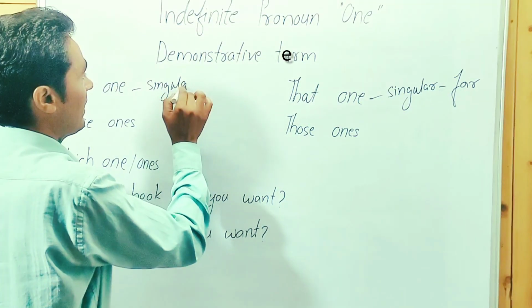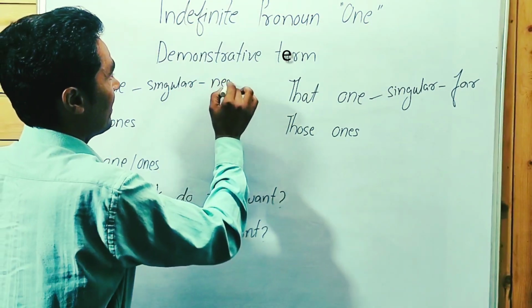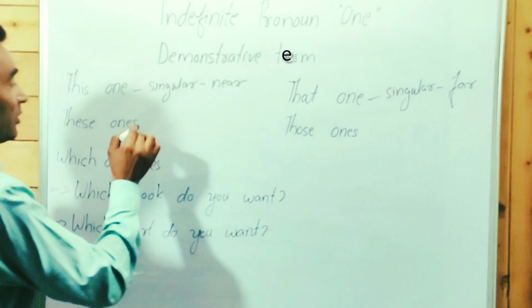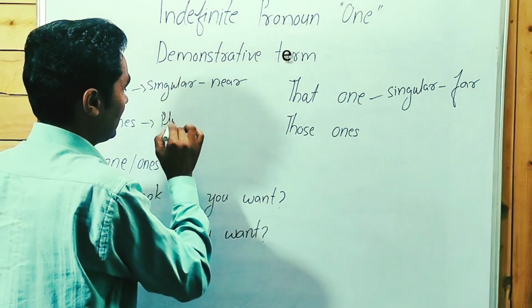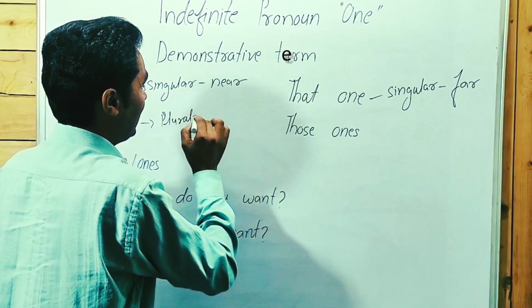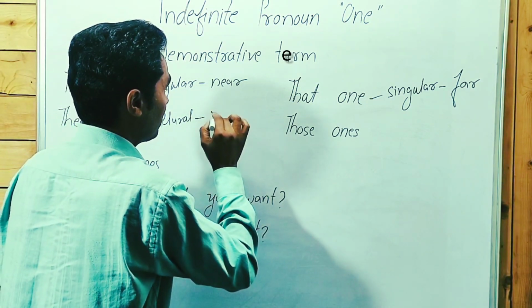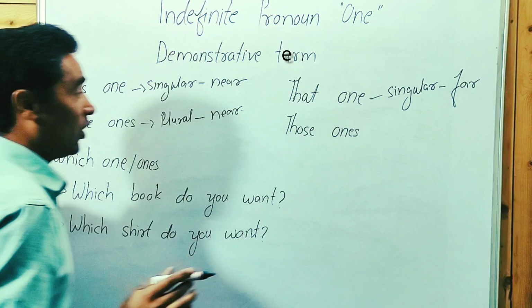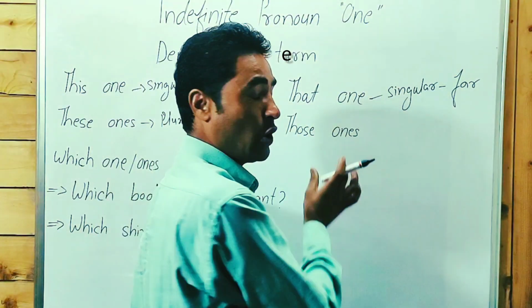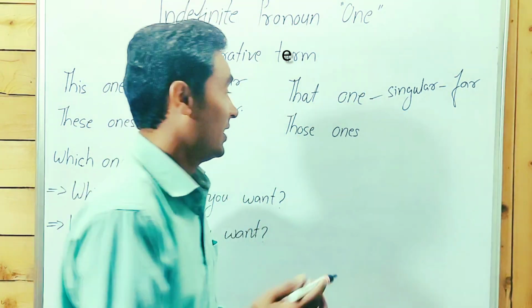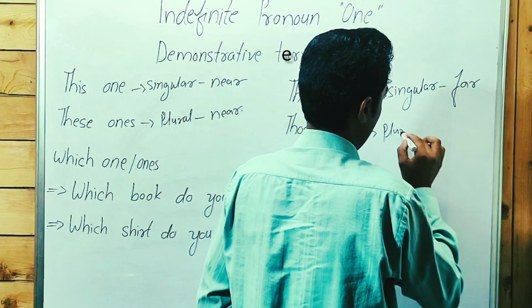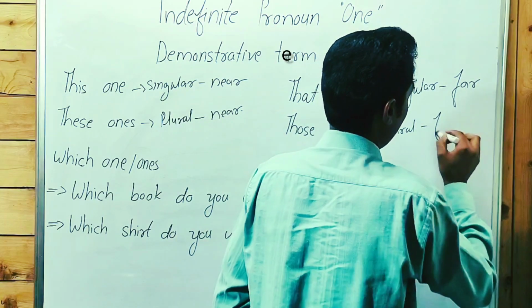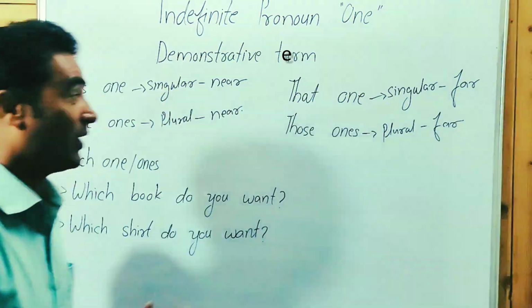When we talk about these, it is used for plural and near objects. Those is used for plural and far objects. I hope you understood, guys.